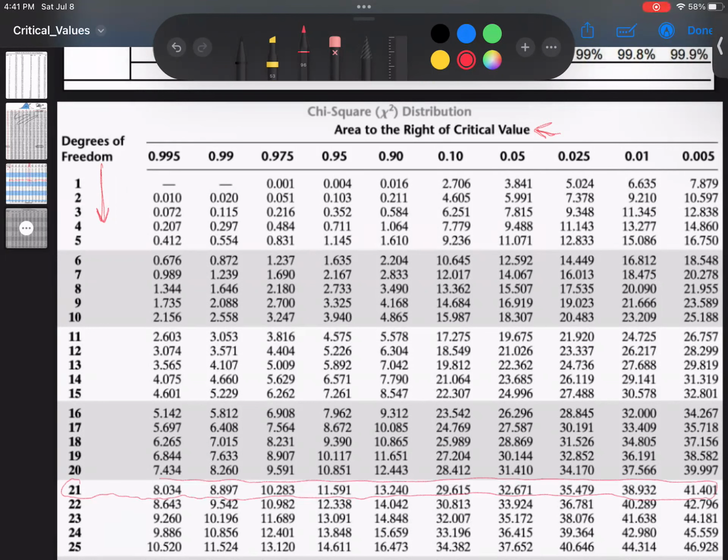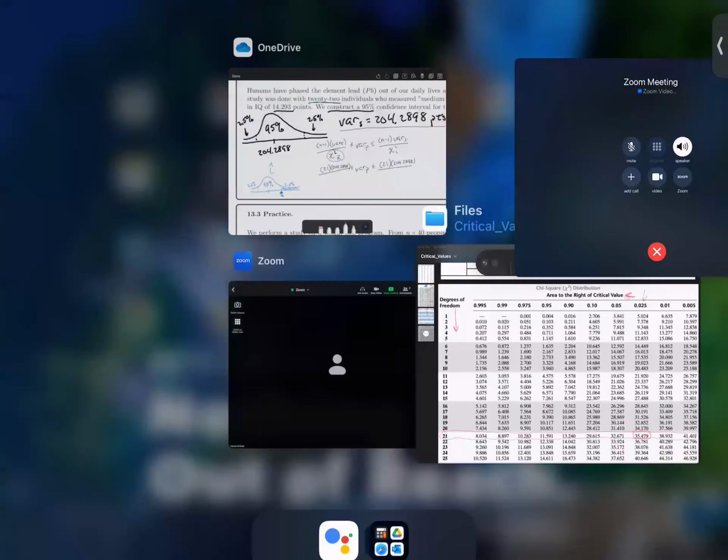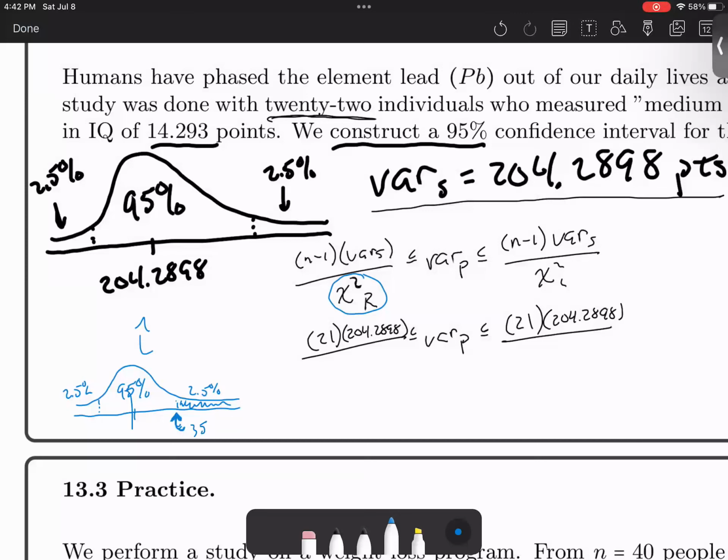And how much area is to the right of that critical value? It's 2.5. So we're looking at this column. The chi-square right value is 35.479.